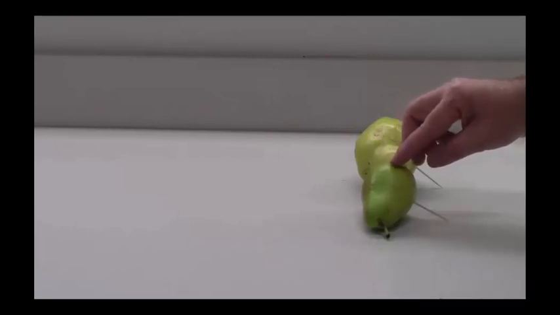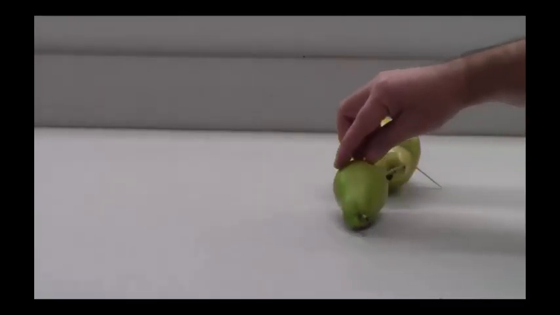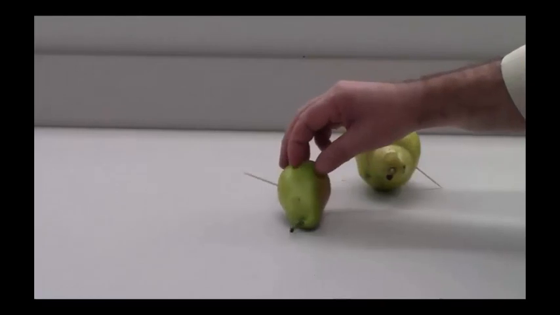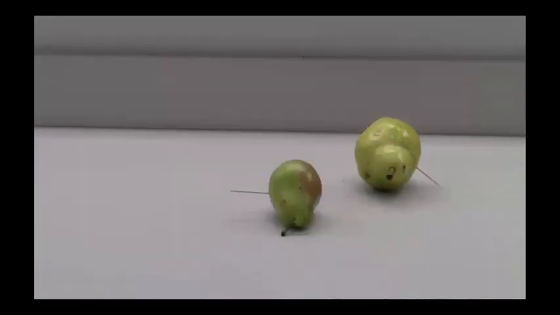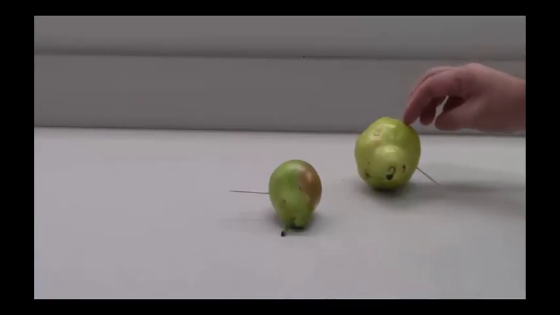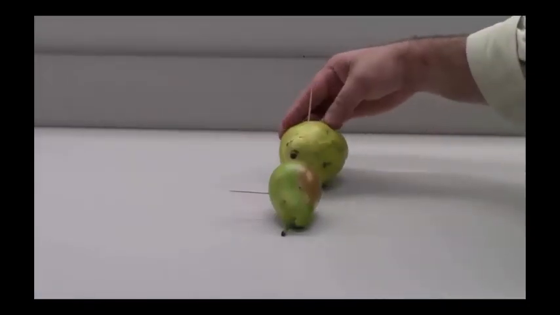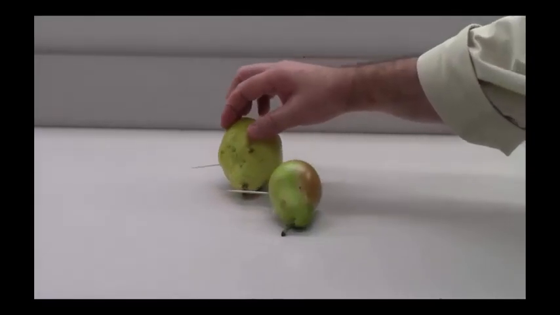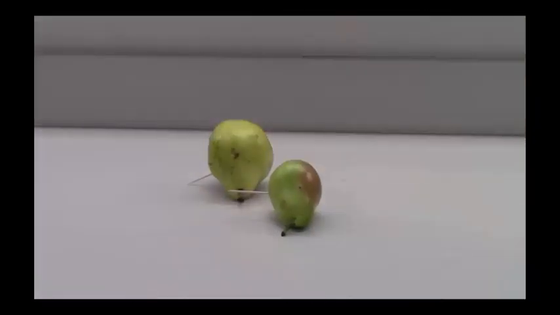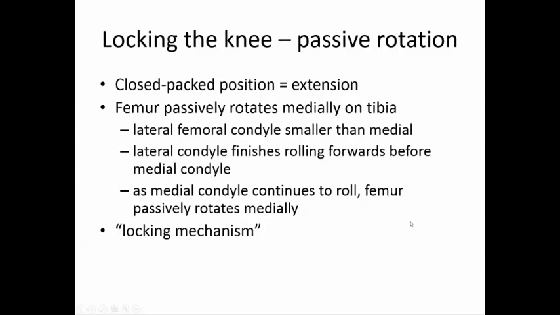So starting and rolling, rolling, rolling. Doing the same for the larger fruit as we roll it through its diameter. Go banana! We can see that we get a lot more rotation, and therefore the difference in size of our medial and lateral condyles will lead to a rotation in the knee. So this is the locking mechanism of the knee.